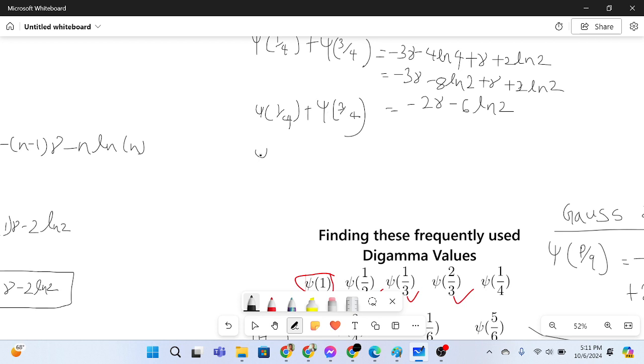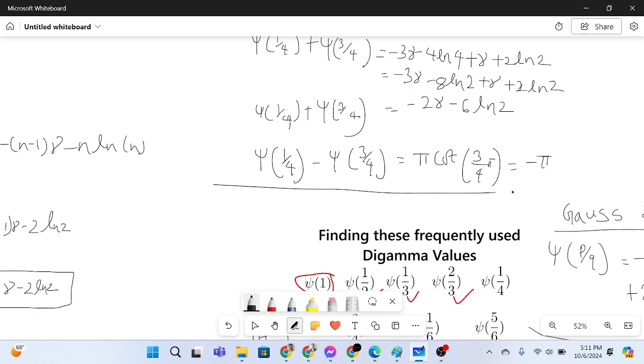We get digamma of 1 minus 3 by 4, which is 1 by 4, minus digamma of 3 by 4 as pi cot 3 by 4 pi, right? And cot of 3 by 4 pi is just minus 1, so this is minus pi, right? Now from here we can find the values of digamma 1 by 4 and digamma 3 by 4.